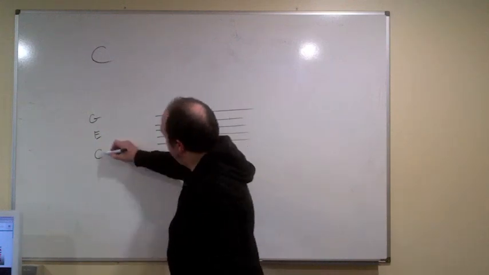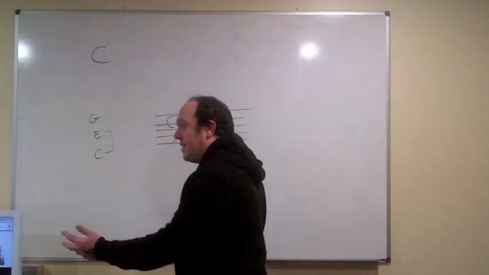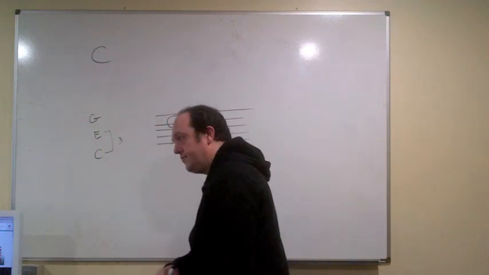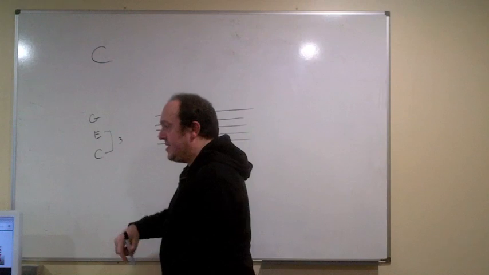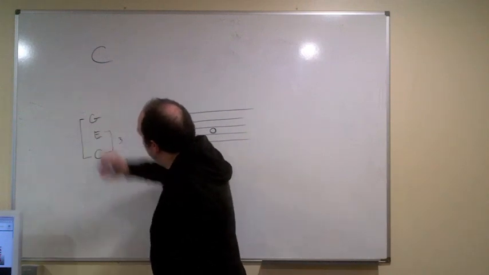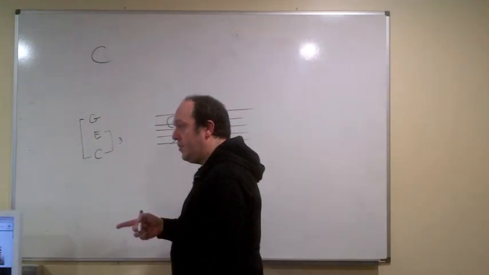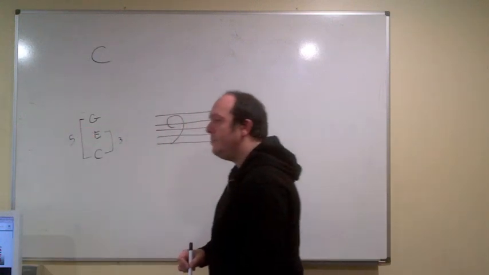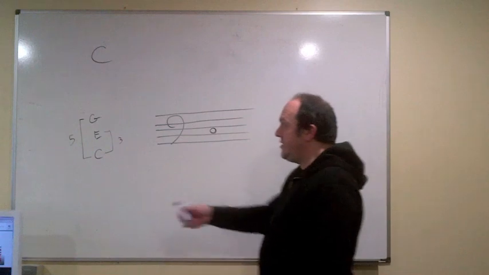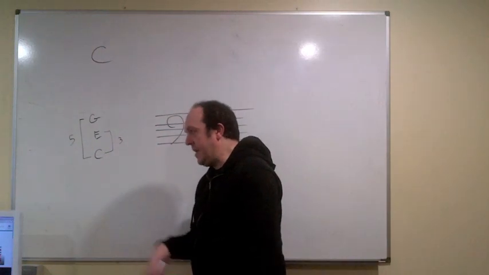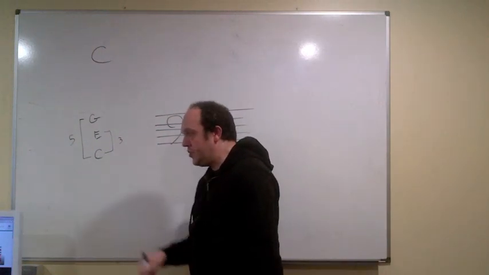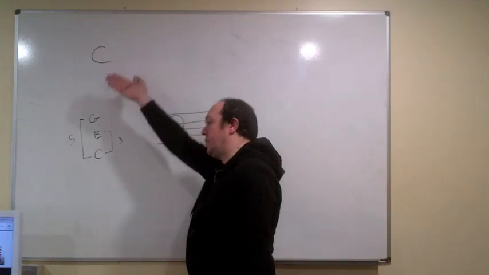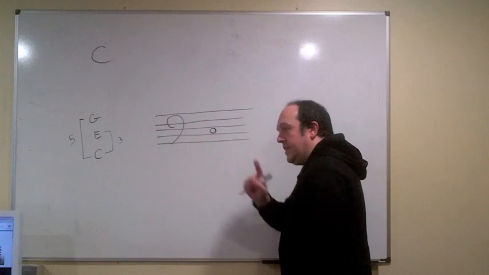Above the C, you have E, which is the interval of a third: C, D, E. Above the C, you also have the interval of a fifth to the G: C, D, E, F, G. It's a fifth.